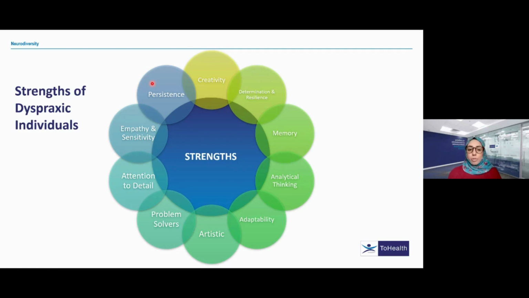So it is crucial to approach dyspraxia with a strengths-based perspective. If you're able to recognize that individuals with neurodivergent conditions, and not just dyspraxia, can bring valuable qualities to various settings, and creating inclusive environments that appreciate and leverage these strengths contributes to a more diverse and successful workplace.